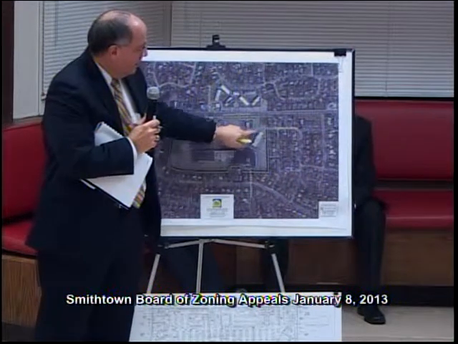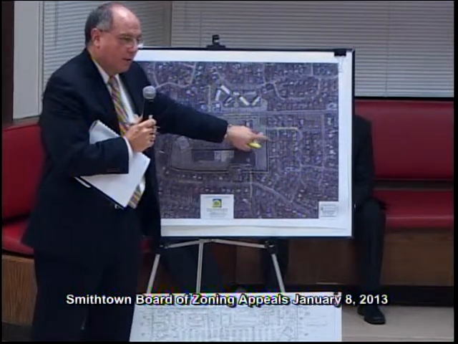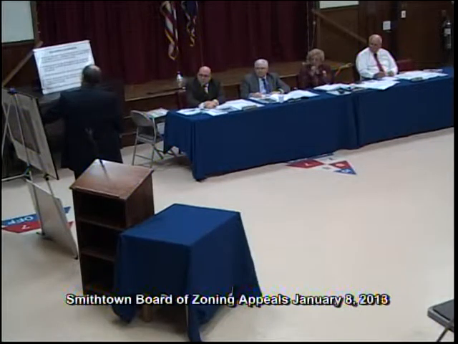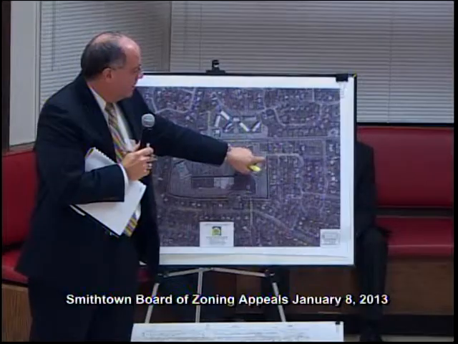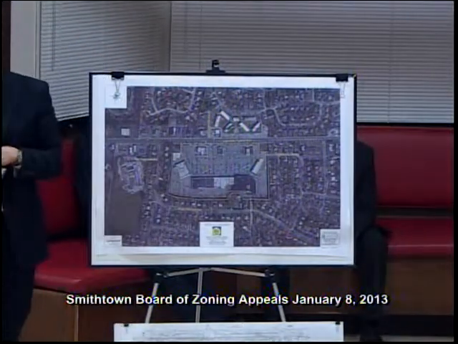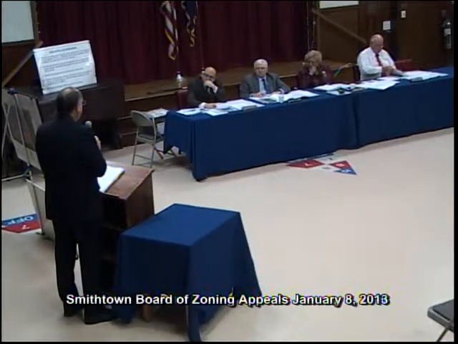The traffic does move pretty quickly around this building, and it is a little bit dangerous because it is a blind spot. And you will have cars having to come to a full stop. Plus, as Mr. Flynn mentioned, the staff is recommending a traffic calming device, whether it be a speed table or et cetera. We're fine with that, and I think that's going to further help the situation.